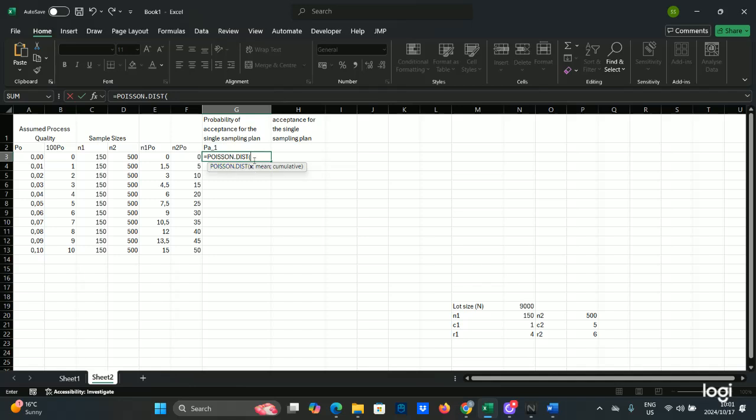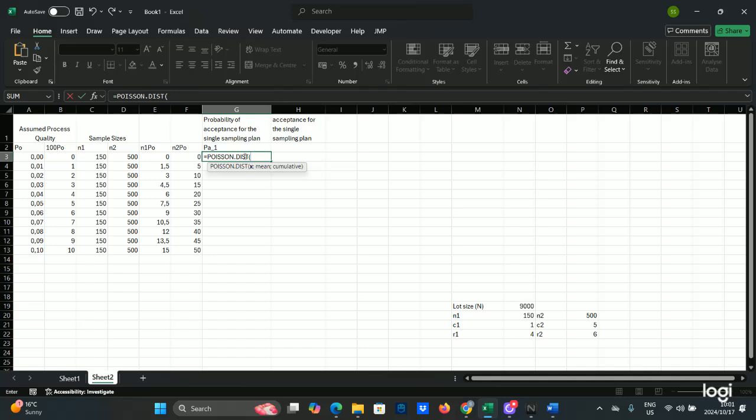So now your x is going to be given by, for the first sampling plan, your acceptance number.